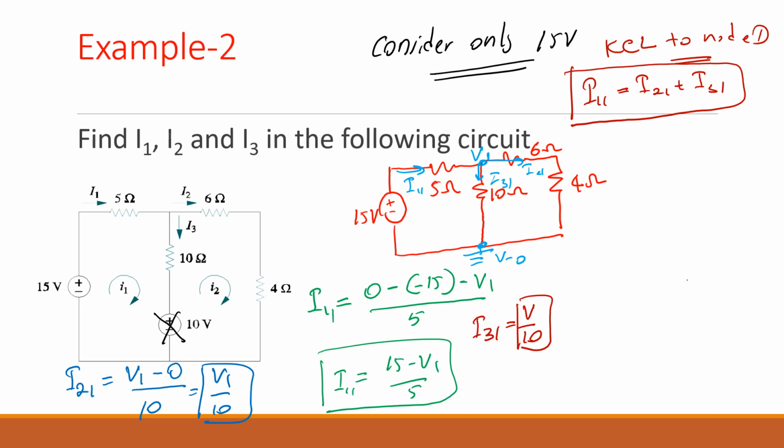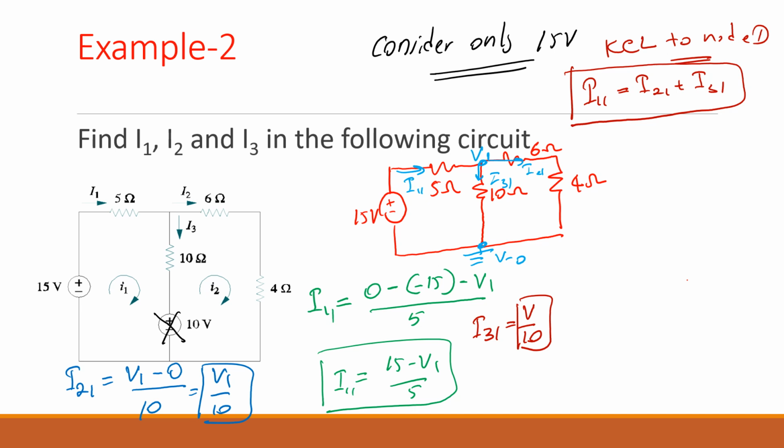You can add them together. 6 plus 4 is 10. You can combine them and make a single resistor, isn't it? I want you to find the V1. If you came late, if you have any questions, you can ask.